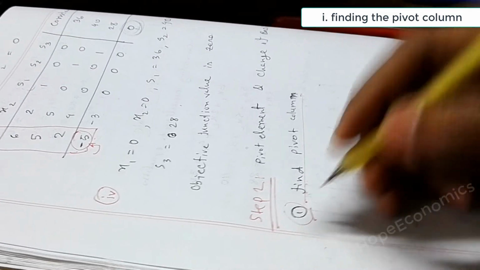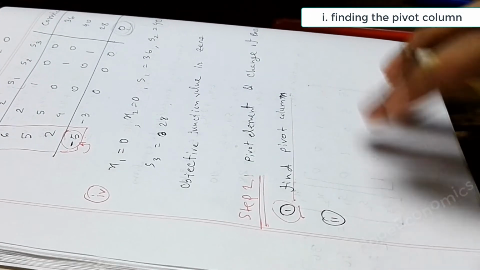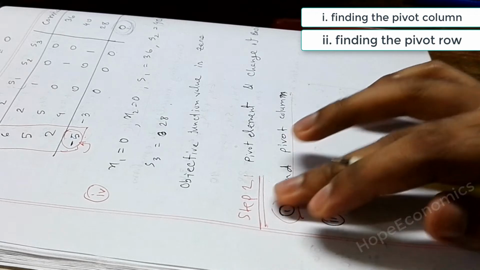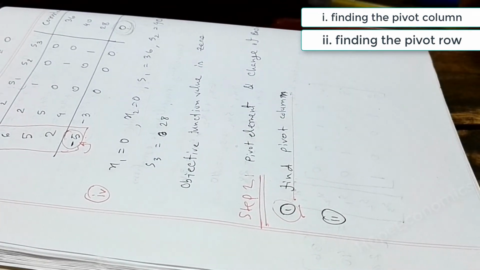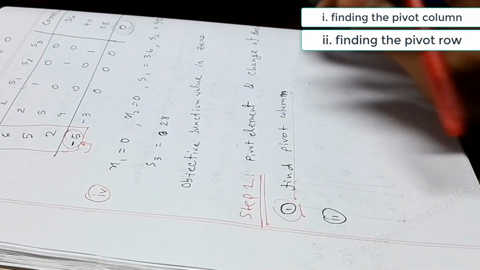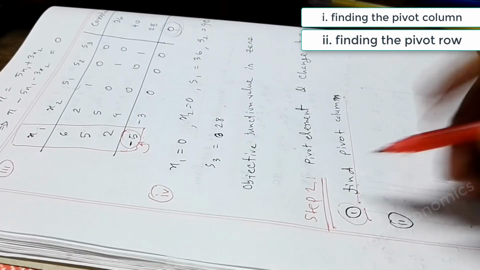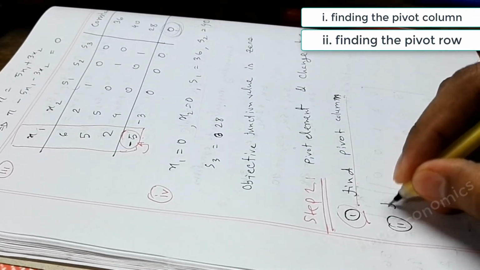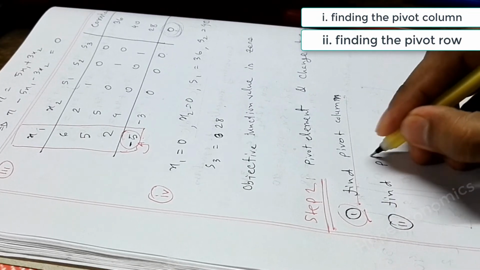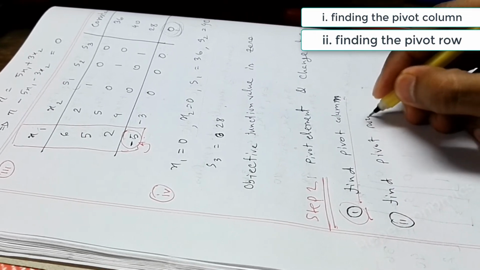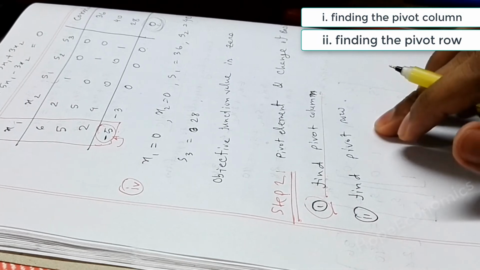And in case of step 2, the second issue, here we are going to find out the pivot row. Okay, finding the pivot row.